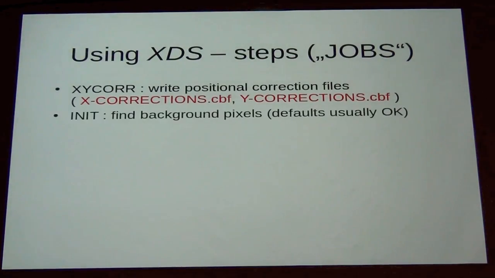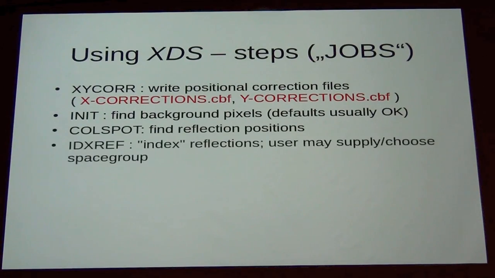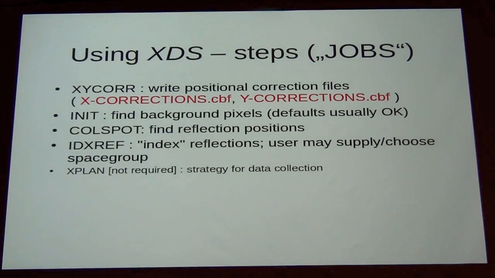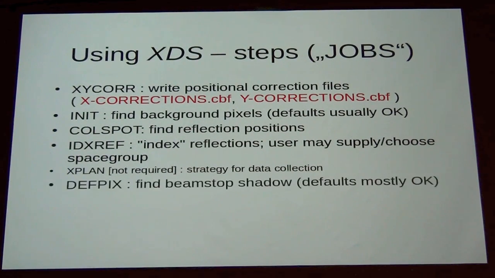So what do these jobs, these tasks, do? There's a short documentation here. XYCORR has to do with geometrical corrections. Normally this is not so interesting. INIT establishes, or tries to find, those pixels where no reflections are.